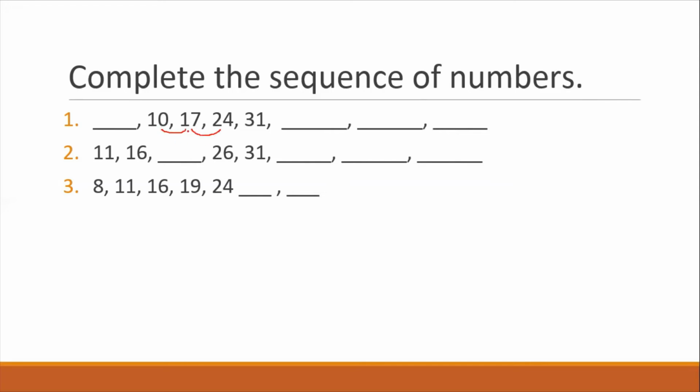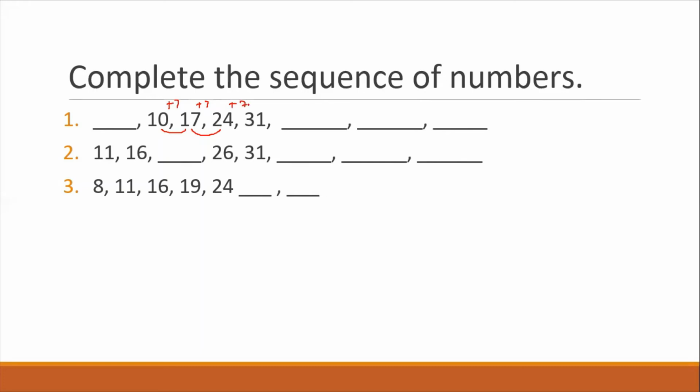So let's start with this one. 10 to make it 17, it increases by 7. So 10 plus 7, that is 17. 17 plus 7, yes, it is 24. 24 plus 7, that is 31.